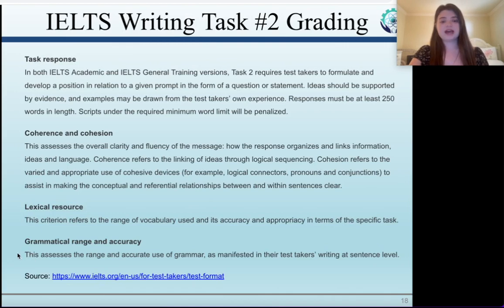The last one is kind of the only one that we didn't really discuss at all today specifically, but it's kind of just a given anytime you're writing anything, and it's pretty universal, whether you're writing the IELTS test, or you're writing a different test, or you're writing a paragraph or an email or whatever it is. Make sure that your grammar is accurate, right? So making sure that you're putting commas and periods and capitalization and everything else in between in the correct place.